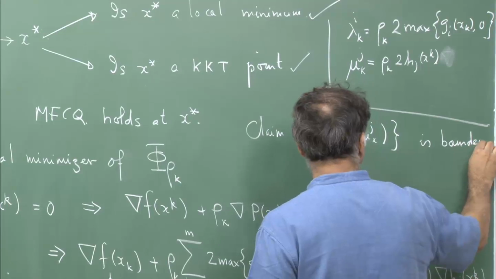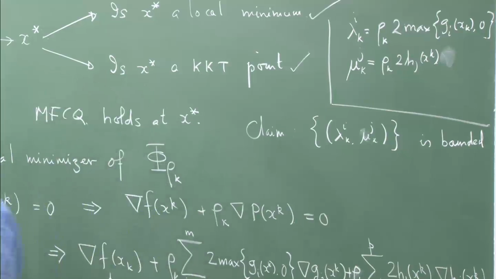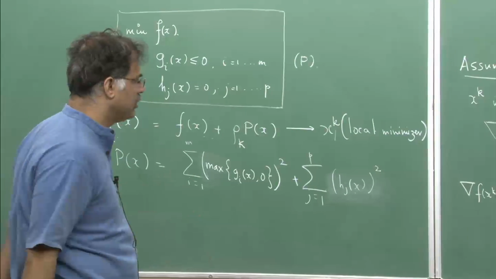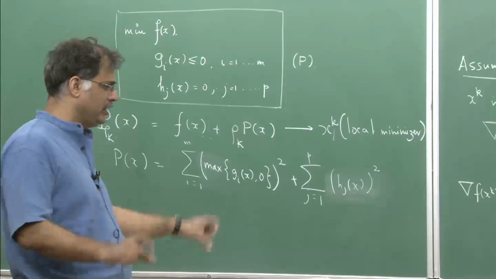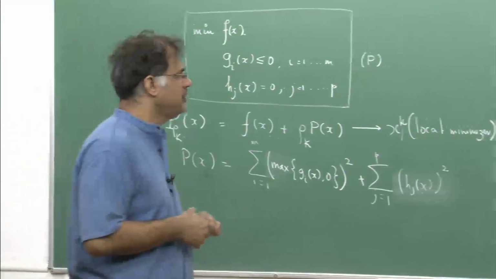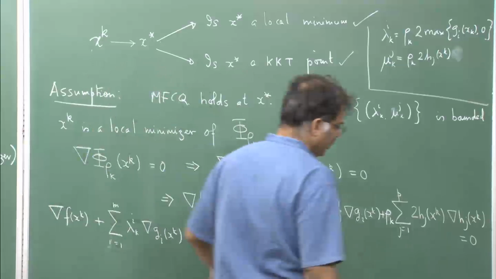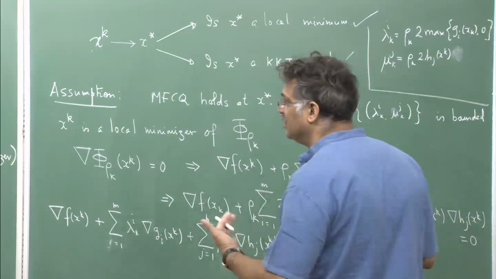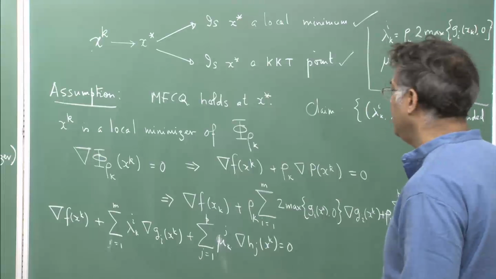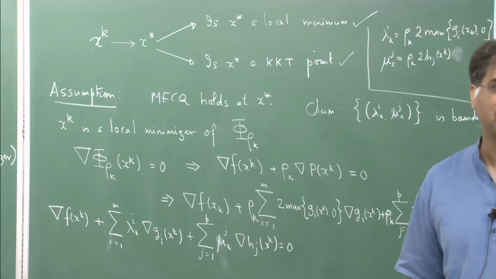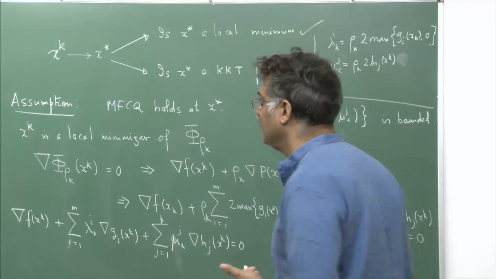Actually, what we will show is that if it is not bounded, then the Mangasarian-Fromovitz constraint qualification will be violated in its equality form. The Mangasarian-Fromovitz constraint qualification is the key idea in the whole of nonlinear programming, and it came through very simple steps. I think it is a very important idea to go and read the original paper of Mangasarian and Fromovitz that appeared in the Journal of Mathematical Analysis and Applications in 1967.